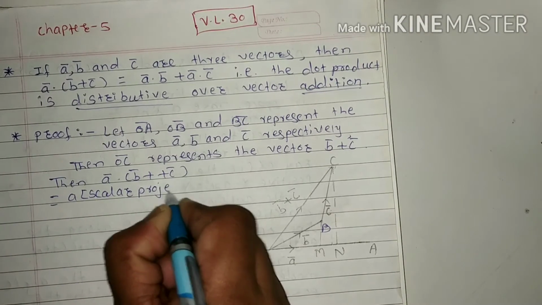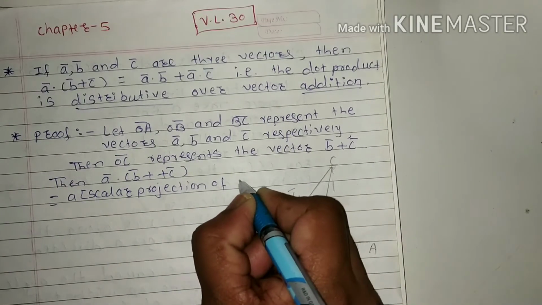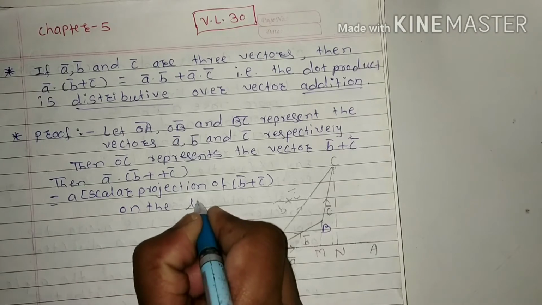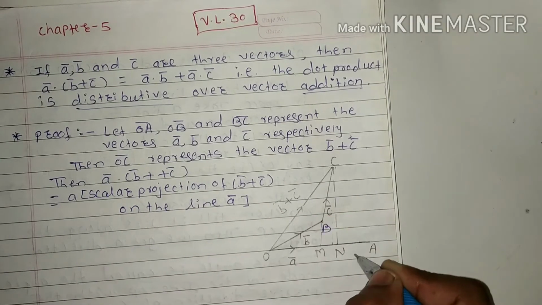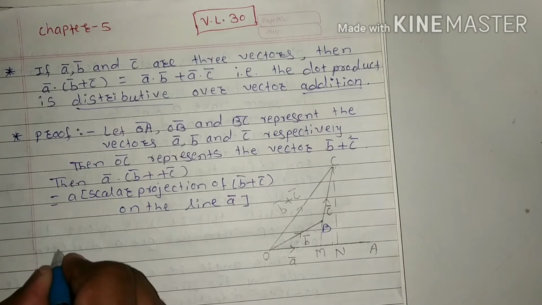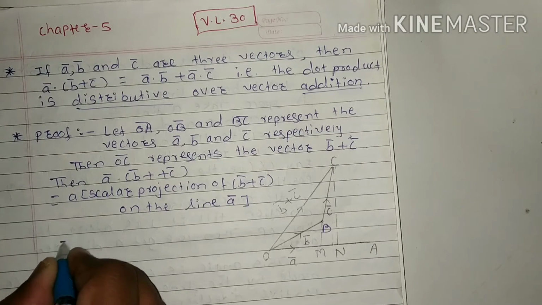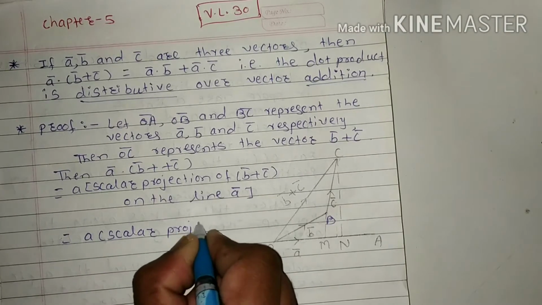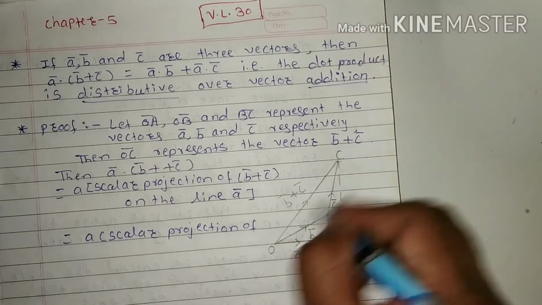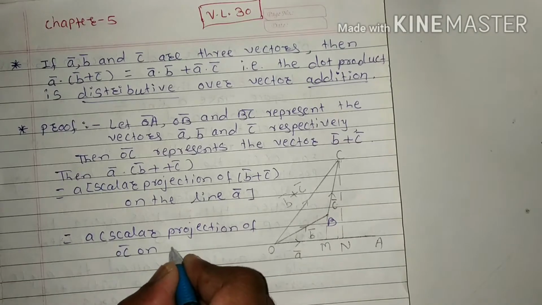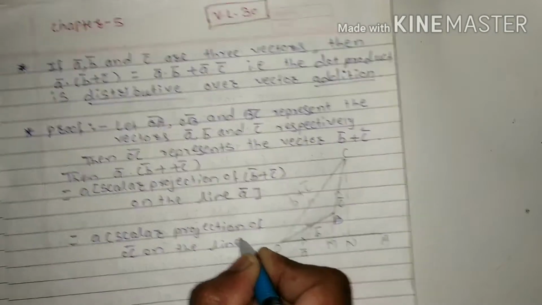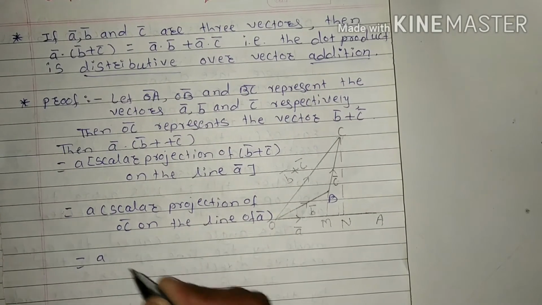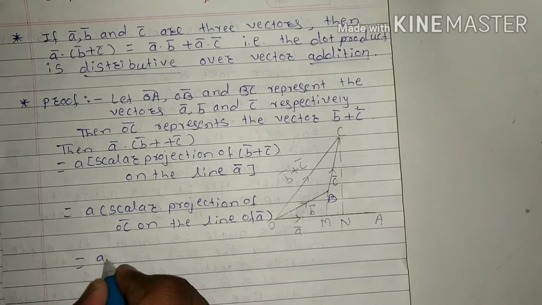a times the scalar projection of b bar plus c bar on the line a bar, is equal to a times the scalar projection of OC bar on the line of a bar, is equal to a times ON.